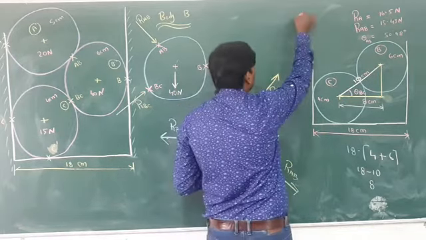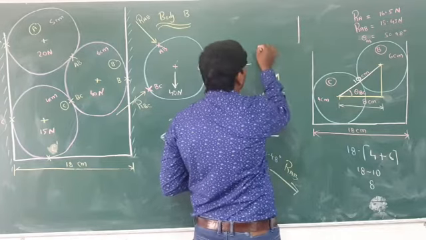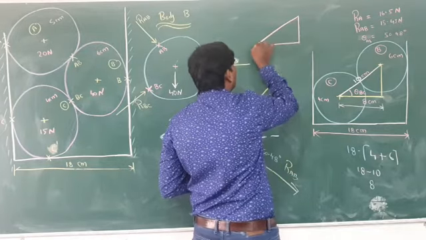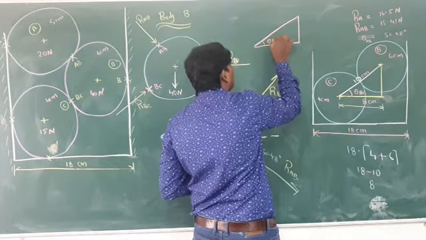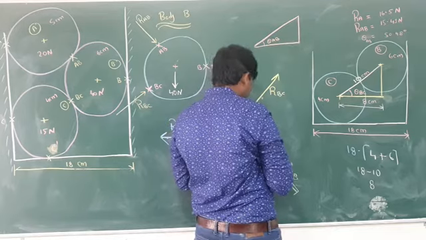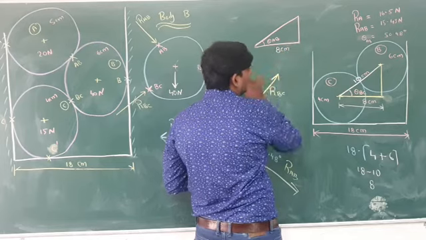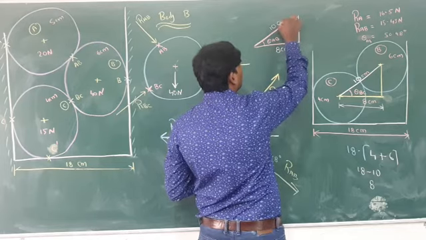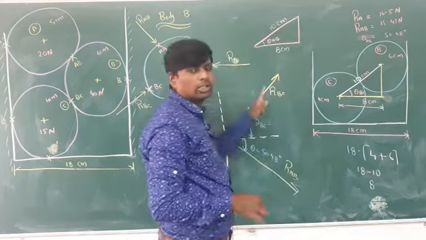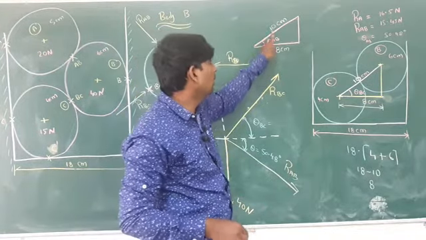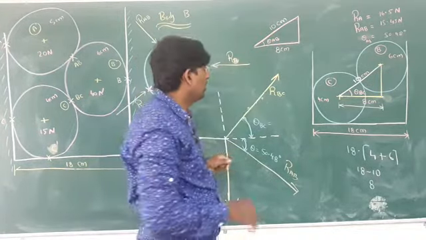How to find out means, see here. As you can see here, I am drawing the triangle. This one I am taking as AB, and this one is 8 centimeter, and this one is equal to 10 centimeter.